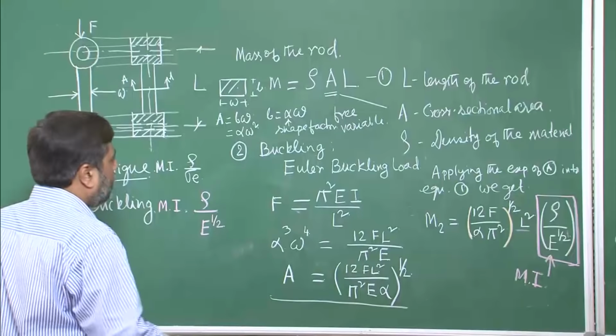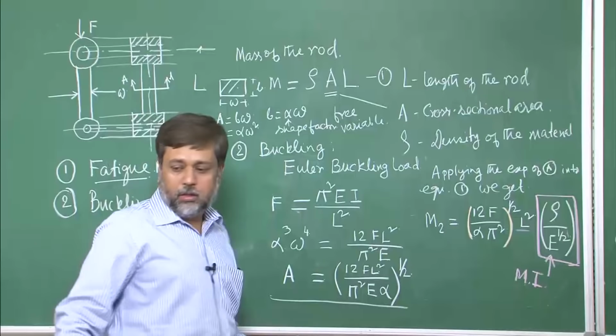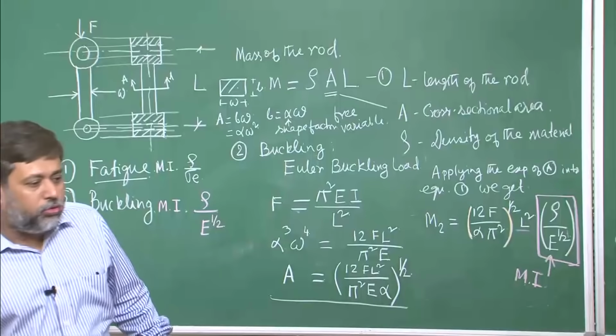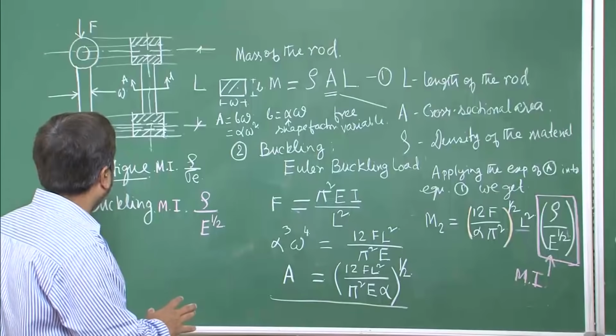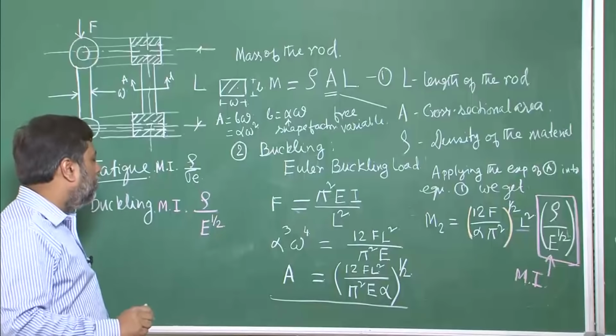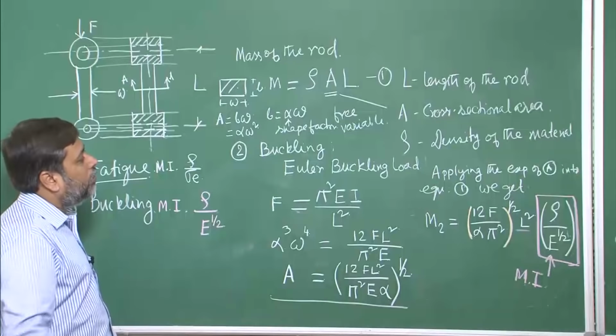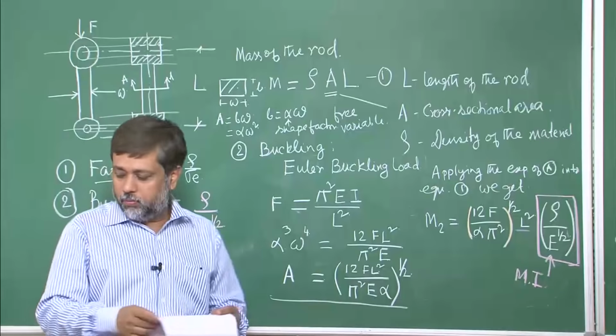So with this in background, now let us go and see how we are going to tackle the problem. Now that we know the material indices, should I go for rho over sigma E? Should I go for rho over square root of E, or should I try to do something better for this case?